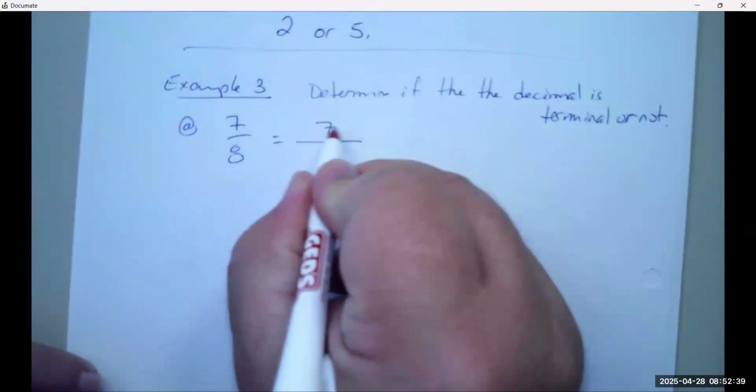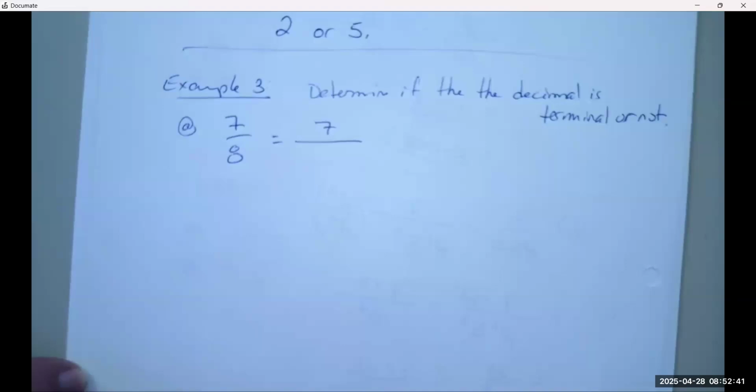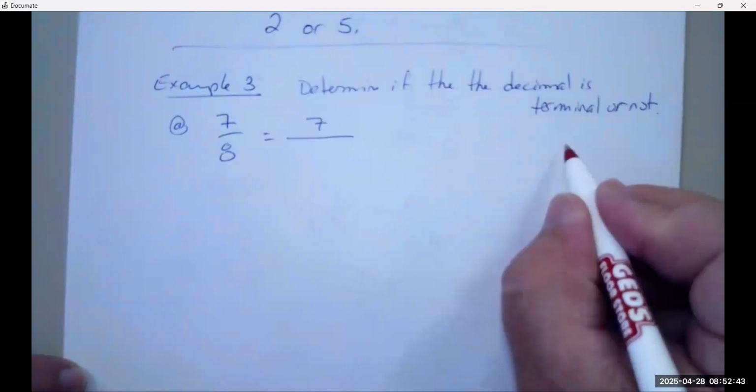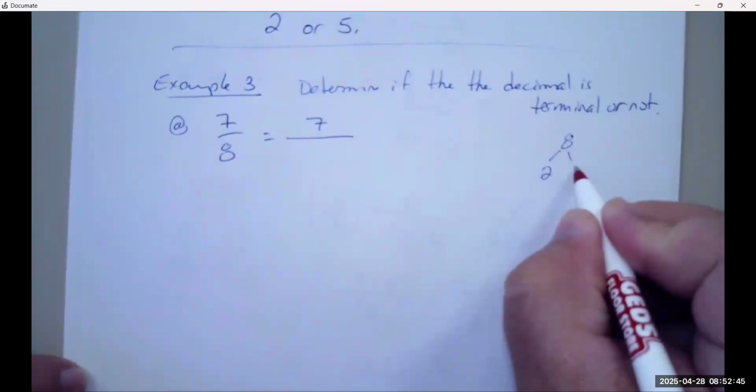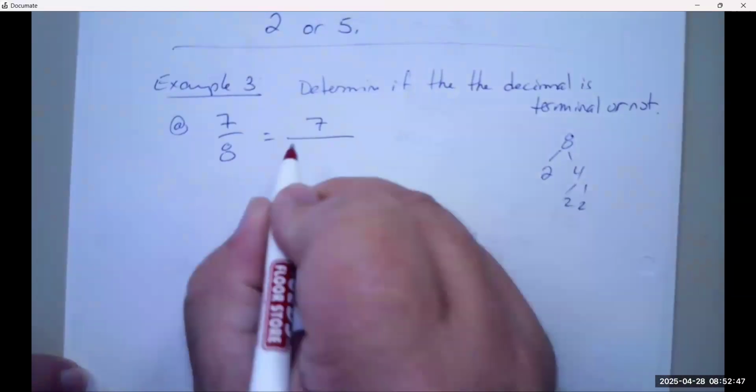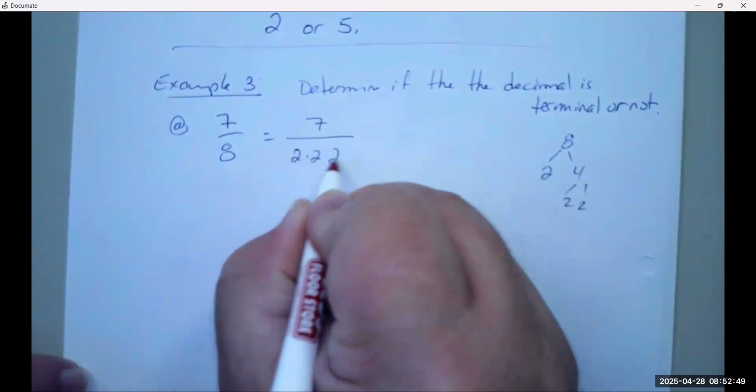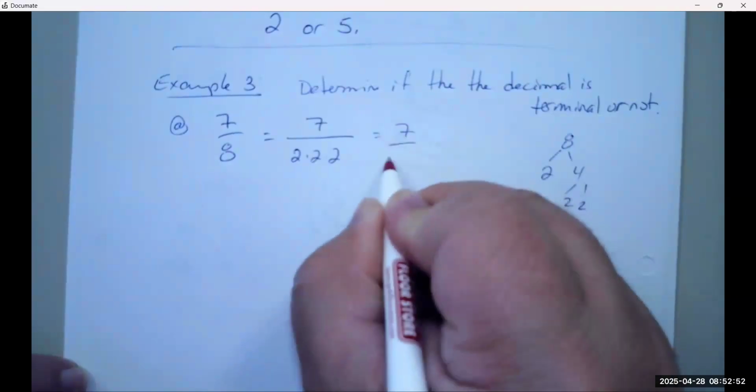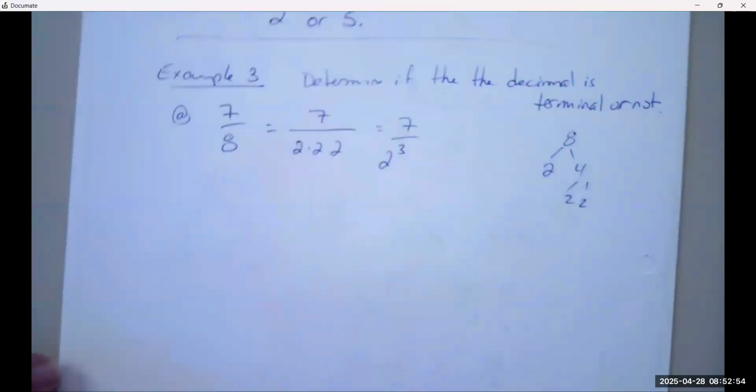Factor out the bottom. What does 8 break down into? What is 4 made up of? Is there any other number on the bottom other than 2 or 5? No. So it is a terminating decimal.